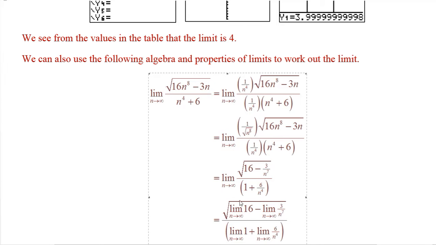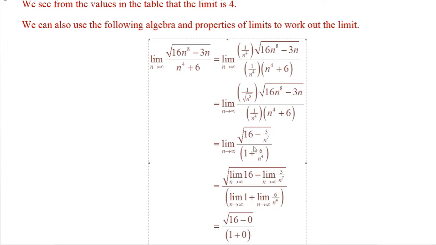Now we can use our properties of limits, which say we can take the limit of each part here and put it back together, provided all those limits exist. Of course, 16 doesn't change as n changes, so that's still 16. Same for the 1 here. But both of these fractions, as n gets bigger and bigger, get smaller and smaller, when the denominator gets bigger and bigger, provided the numerator stays fixed.